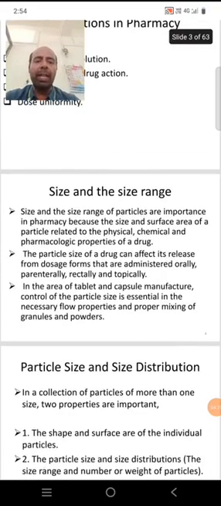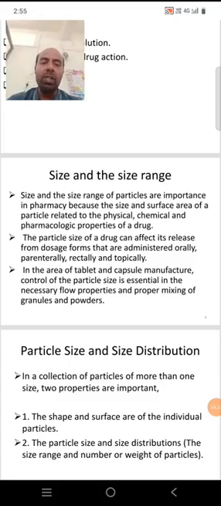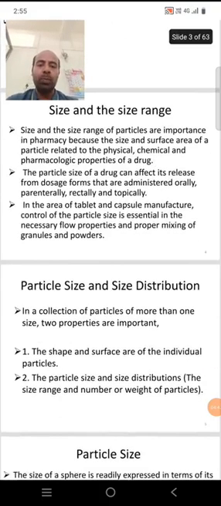In the area of tablet and capsule manufacturing, control of the particle size is essential for the necessary flow properties and proper mixing of granules and powders for the preparation of tablets and capsules.